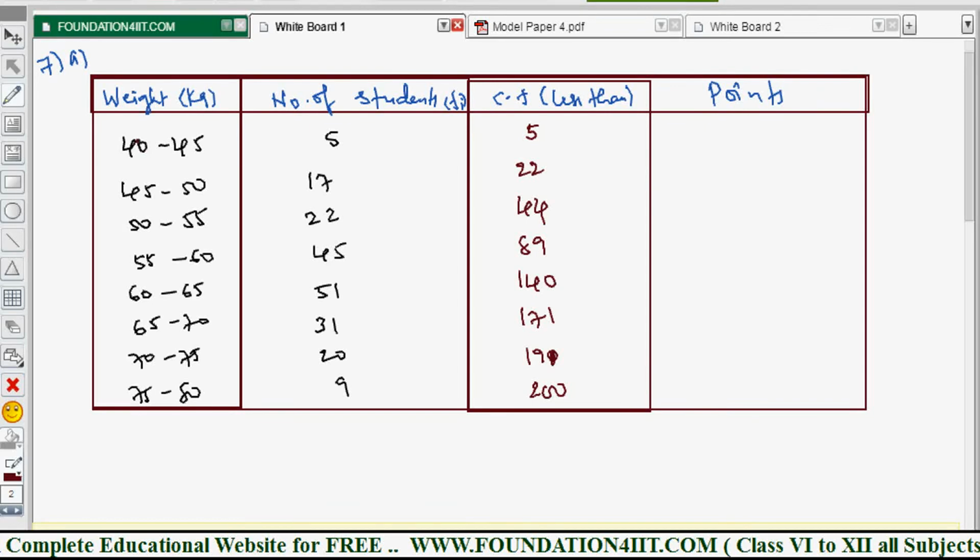Now the points. This starts from 40, so for 40 you take 0: 40 comma 0.